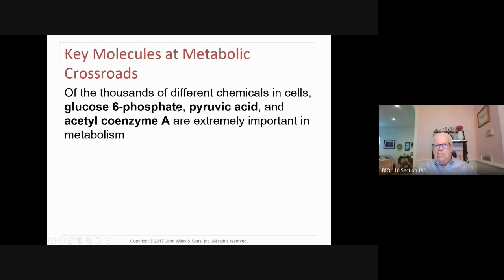Without these molecules, you cannot make any energy. Glucose 6-phosphate, pyruvic acid, and acetyl-CoA. Three of the molecules at the metabolic crossroads in your cells.